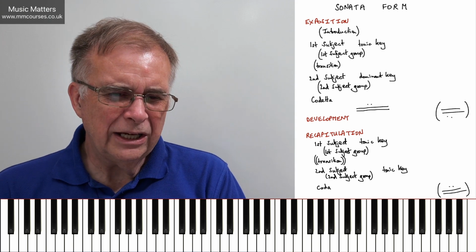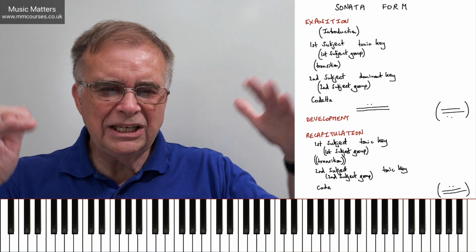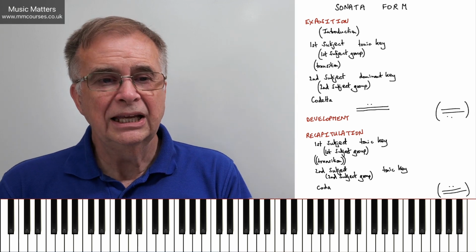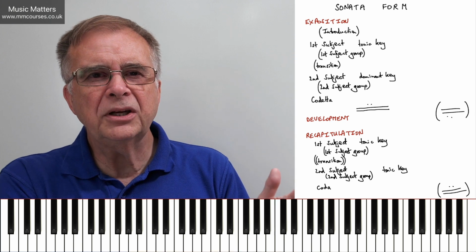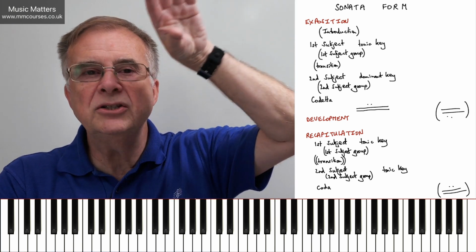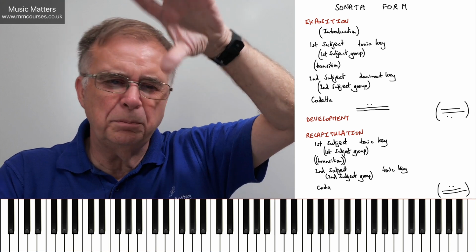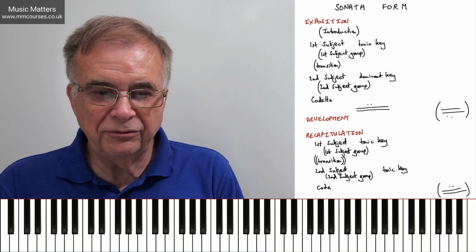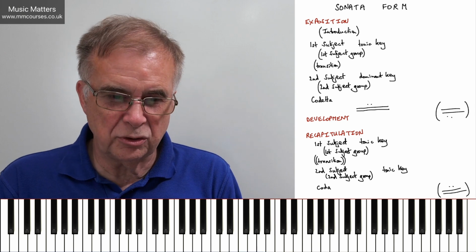Why is that? Well, you've got a 3-section work: exposition, development, recapitulation. And I think composers were happier to move to 3 sections rather than have 2 sections, each of which is repeated, which puts us back in the rounded binary form territory.